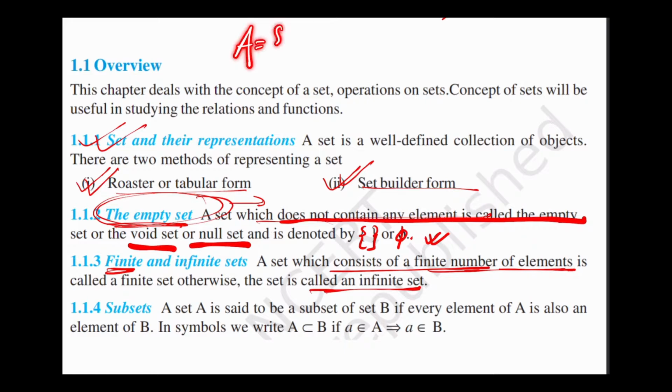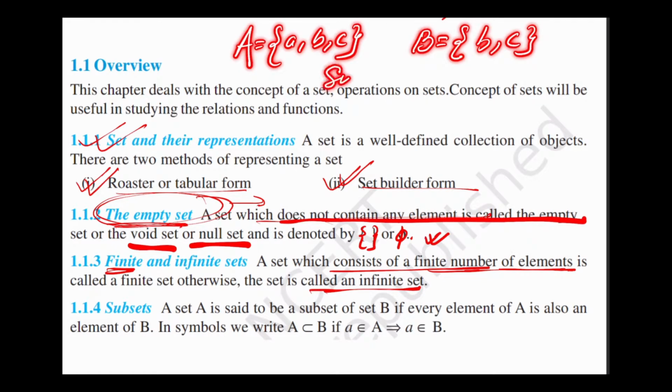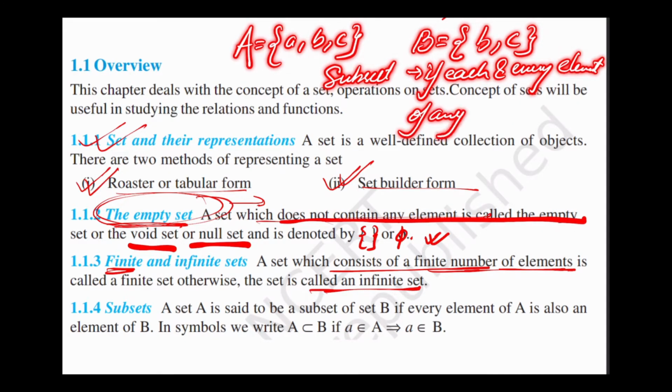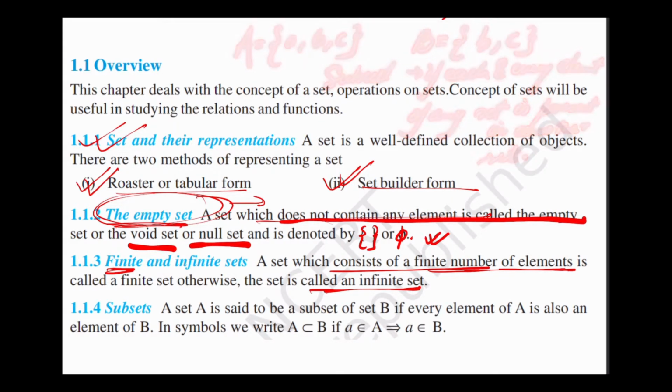Now, next is what is a subset. Let's say we have a set A which contains a, b and c, 3 elements. And we have a set B which contains b and c. We define a subset as: if each and every element of any set is present in another set, then we say that that set is a subset.